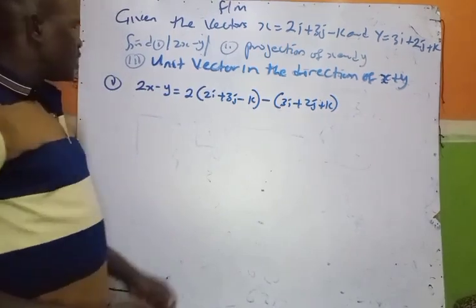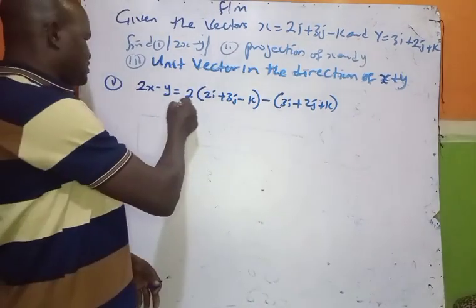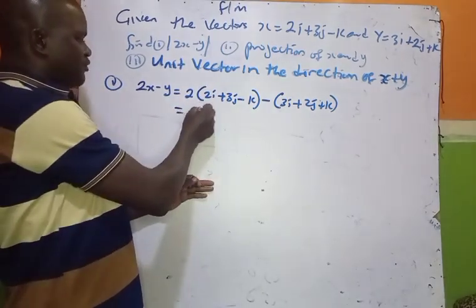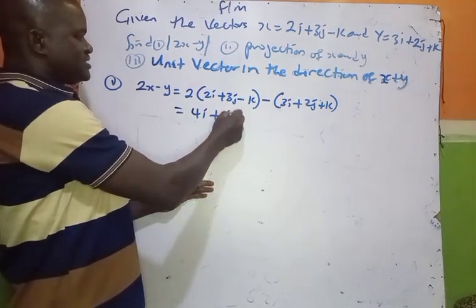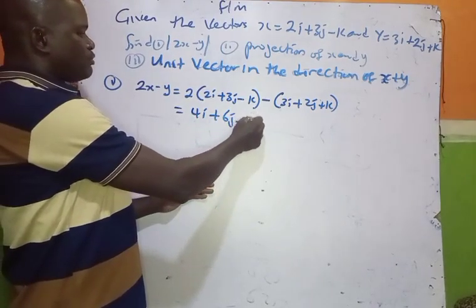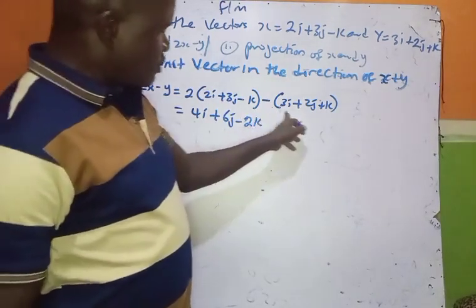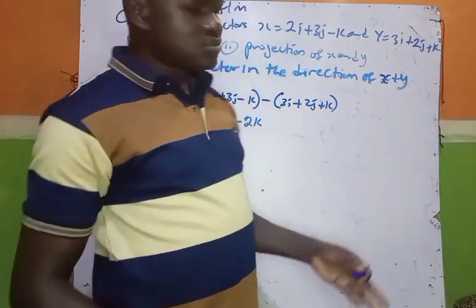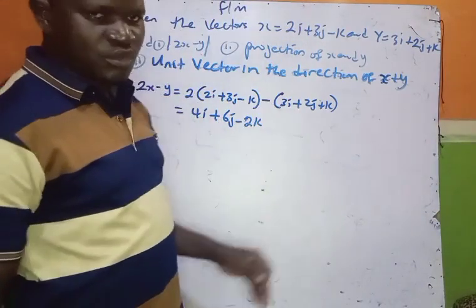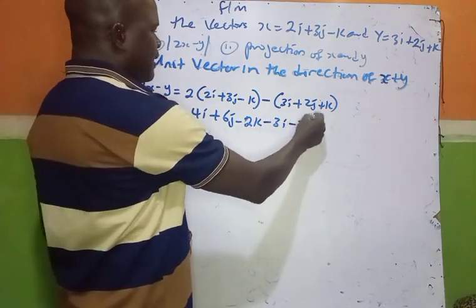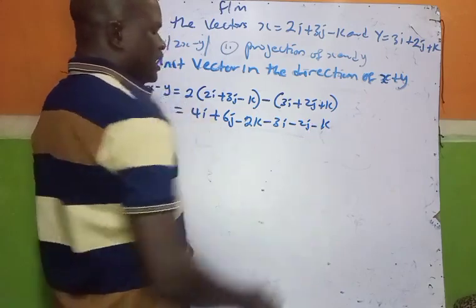Then you open the brackets. Here you have 2 multiplied by this, so you have 4i plus 6j minus 2k. The minus here will multiply throughout. So all this one is plus, so it will change all to minus. So you have minus 3i minus 2j and minus k.